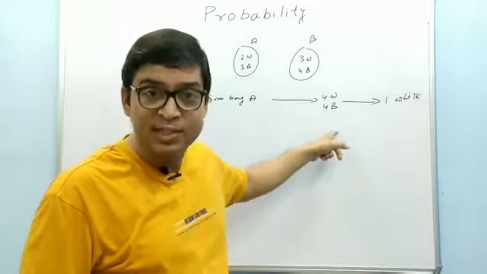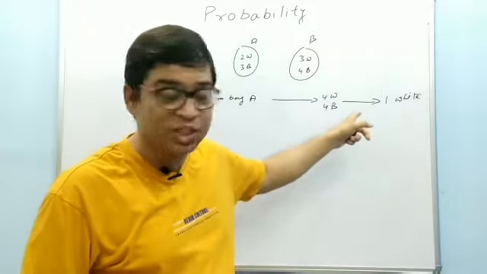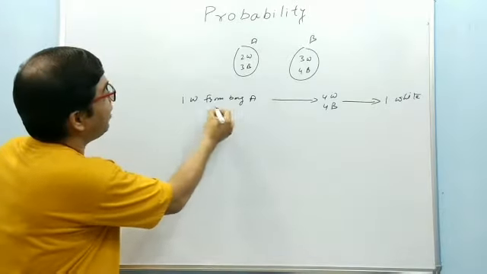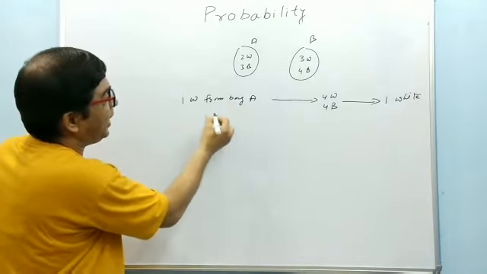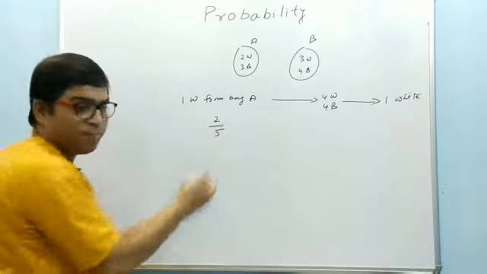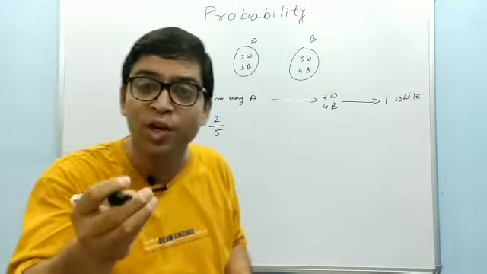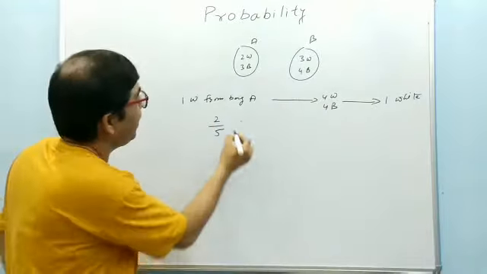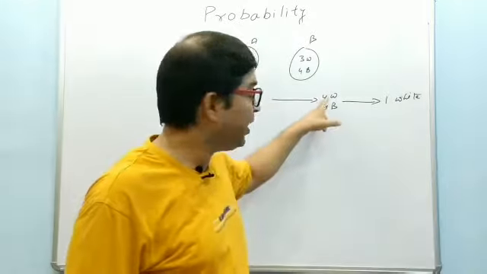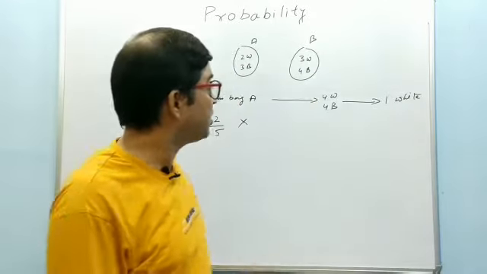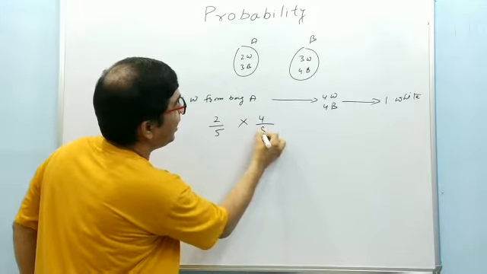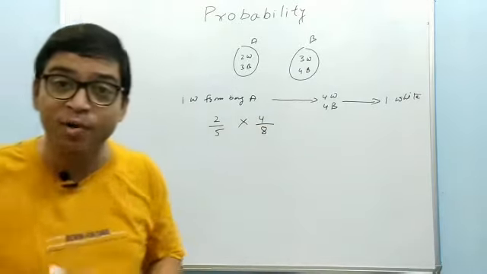First event, the sample space is changing here and now we have to draw from here. So one white from bag A can be transferred in 2 by 5 ways because 2 white are there and total balls are 5, into, now one white ball I have to draw, so a white ball can be drawn in 4 by 8 ways. This is case number 1.